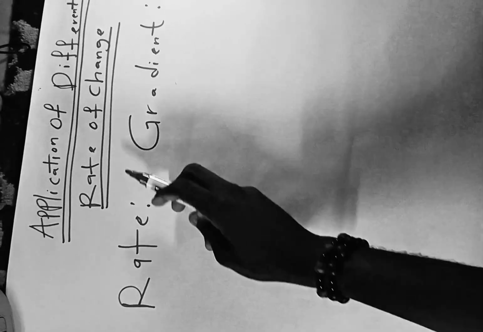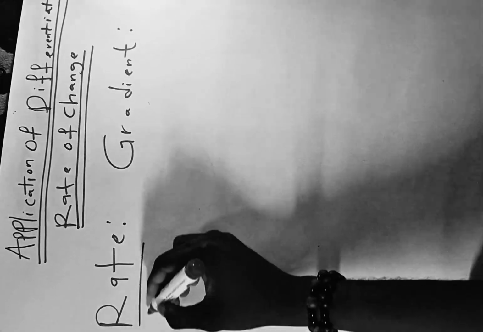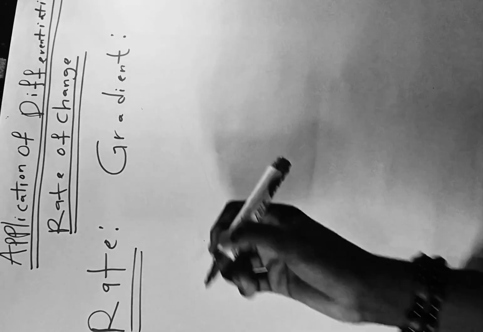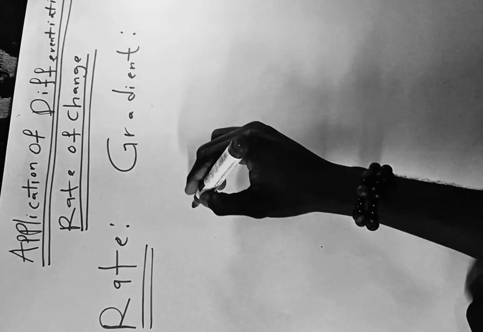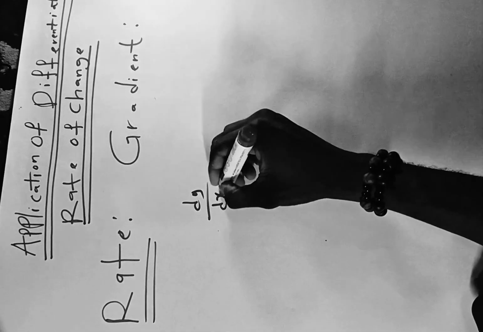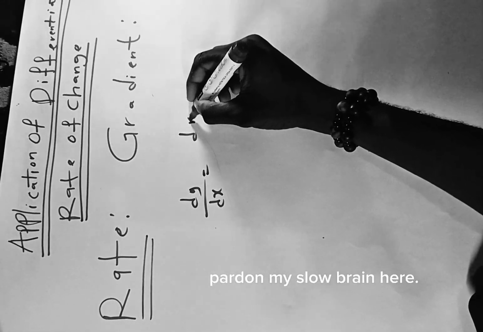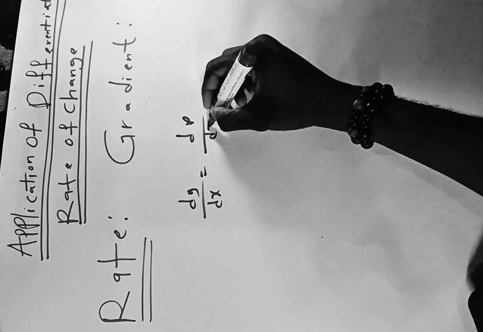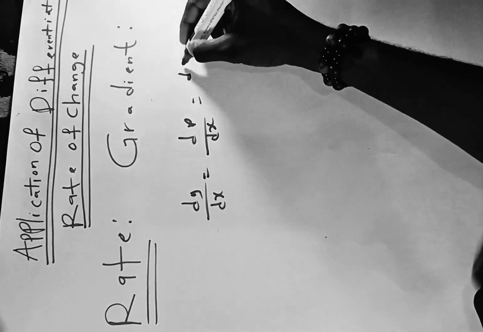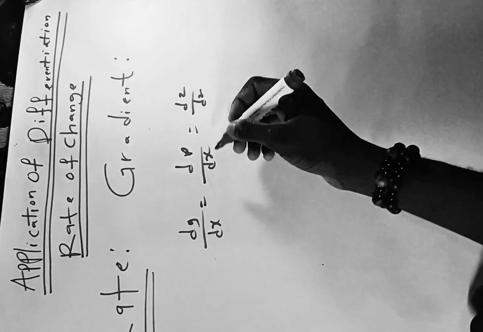So today we're going to be doing application of differentiation, rate of change to be precise. So what exactly does rate mean? In calculus, you are usually familiar with the sign dy by dx, or dp by dx, or dz by dx, or whatever by dx.